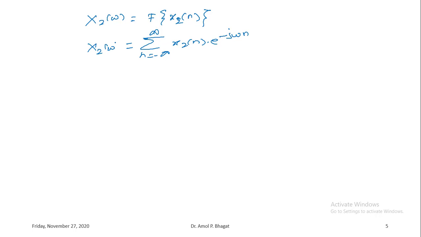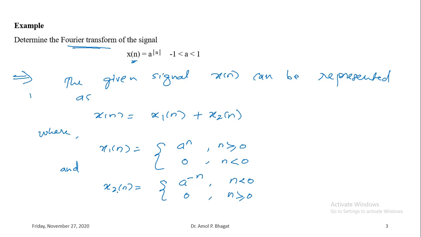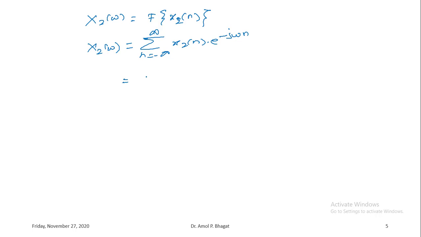So this x2 of n will exist only for negative values of n. It is a to the power minus n. So I can directly modify the limits here. I will take only negative values of n, so n equals minus infinity to minus 1. For negative values of n, it is a to the power minus n into e to the power minus j omega n, okay.